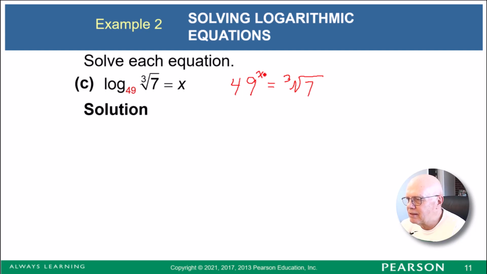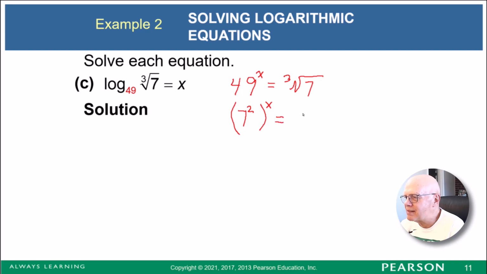49 to the x. Well, let's do a little bit of changing around here. Notice the 49 and the 7. Interesting. 49 is 7 squared. So we can write 49 to the x as 7 squared to the x power.